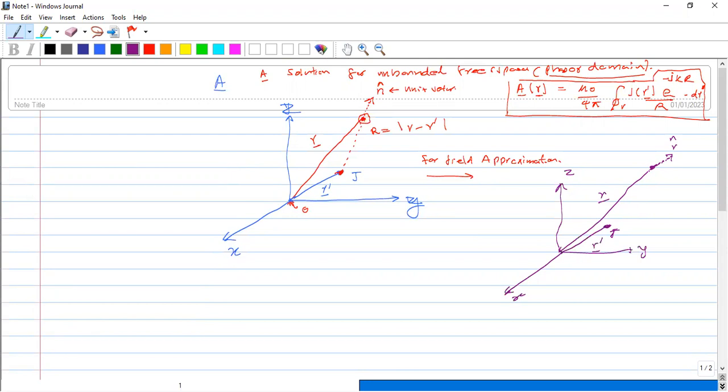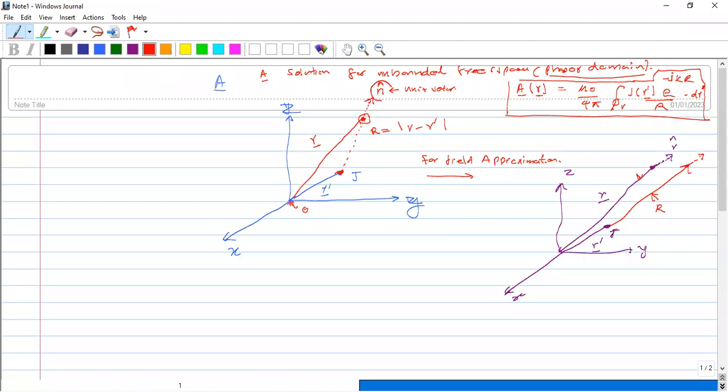Okay, this line and this line are parallel. So it is like this. I can't write it clearly, but it means that this line and this line are parallel. What is this line? That is R. And what is the direction we have defined?